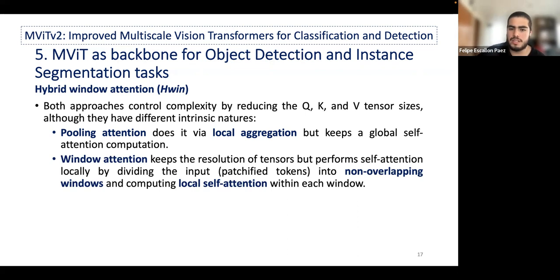So the pooling attention segregates or shortens the tensors via local aggregation, but the window attention does a specific attention over a smaller window. So the resultant tensors will also be smaller.